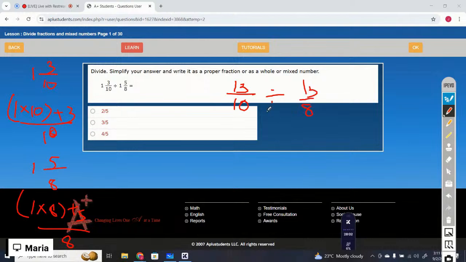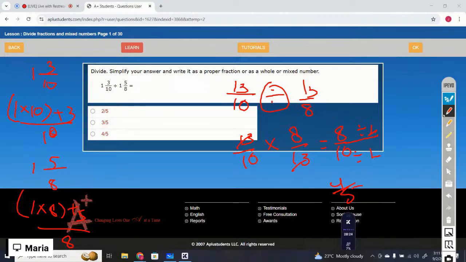Now we need to convert that division sign to a multiplication sign and take the reciprocal, so that is 8 over 13. 13 times 1 is 13. I have 8 over 10. Divide them by their greatest common factor, that is 2.